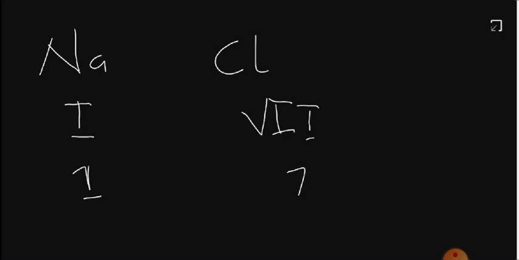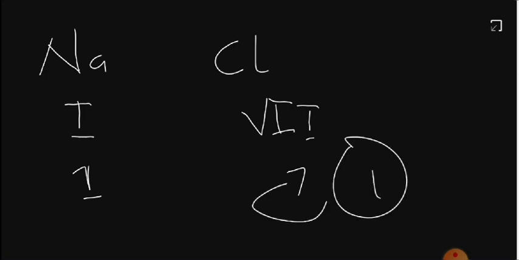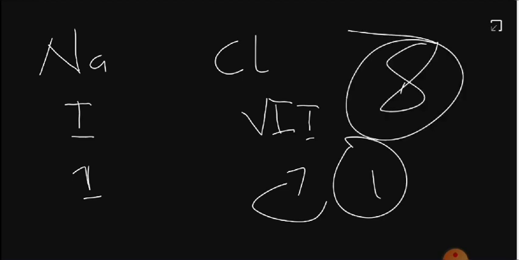That means chlorine needs 1 electron to be added up to 7 to form 8, the standard number of electrons an element is supposed to have for it to attain stability.